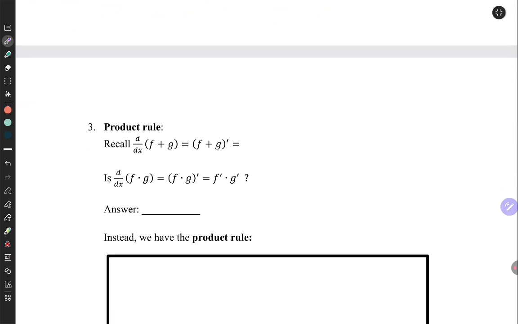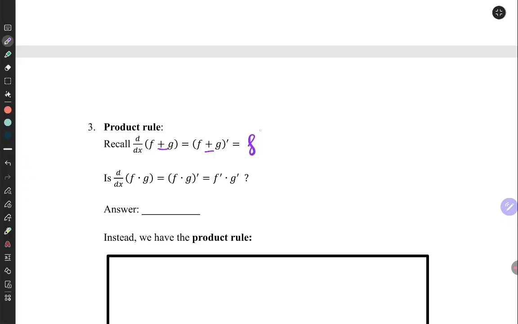Now next, the product rule. Recall the derivative of a sum or a subtraction, a difference.